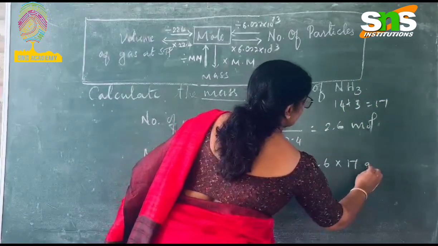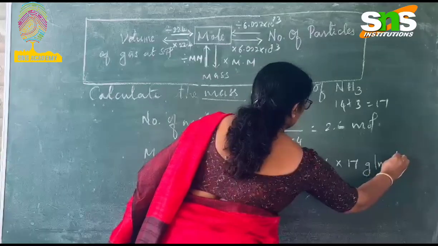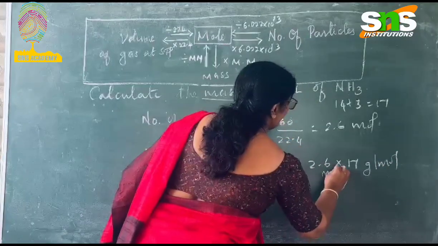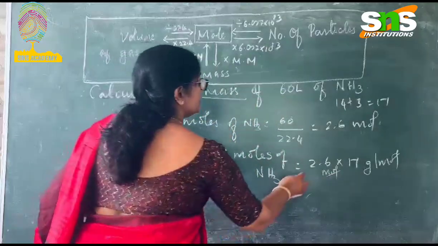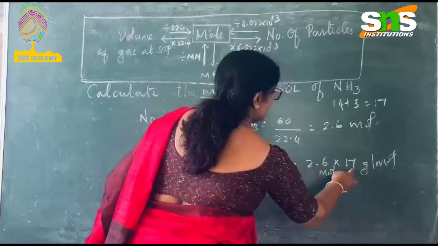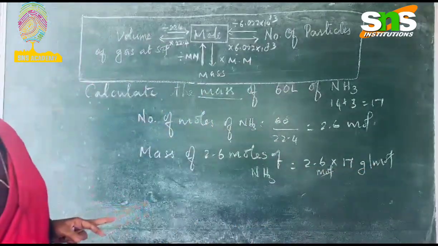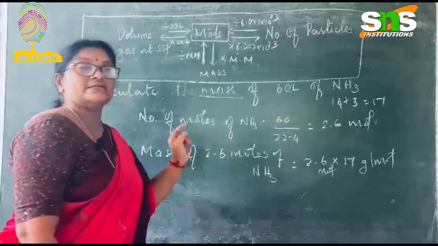So if you multiply, here it is 2.6 mole, 17 gram per mole. Mole will get cancelled. 2.6 into 17 will be the mass of it, which is expressed in grams. That is the mass.